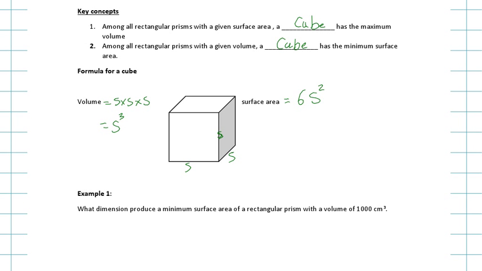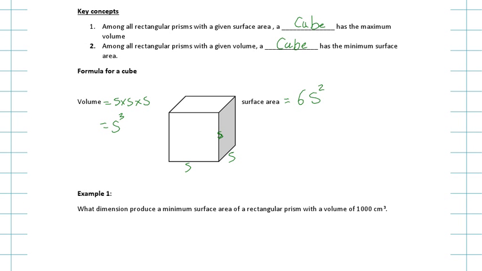It's the same thing. Instead of using W and H, I'm using S and S, because it's exactly the same length. So it's the same idea as when I use the square, except I'm using different formulas.